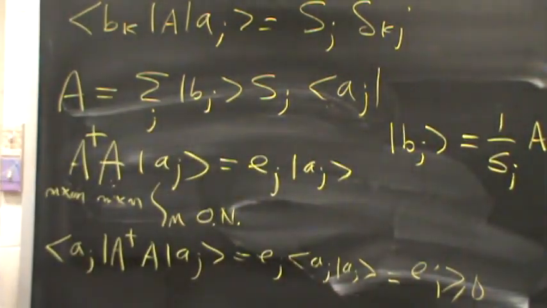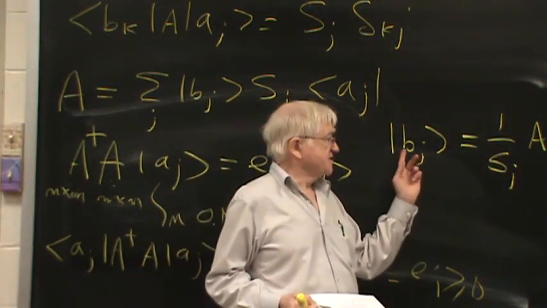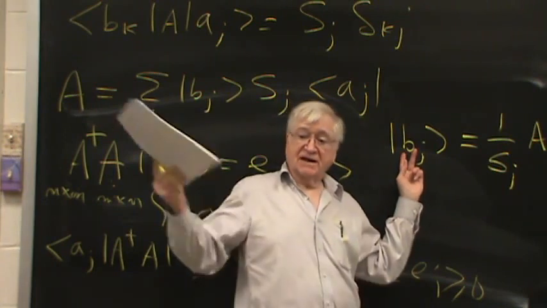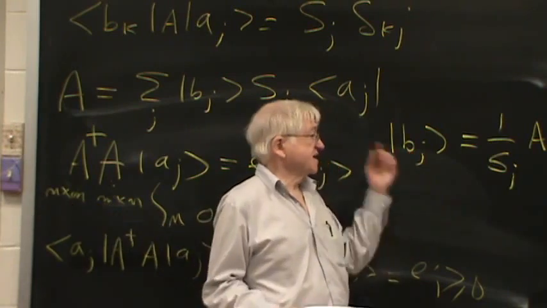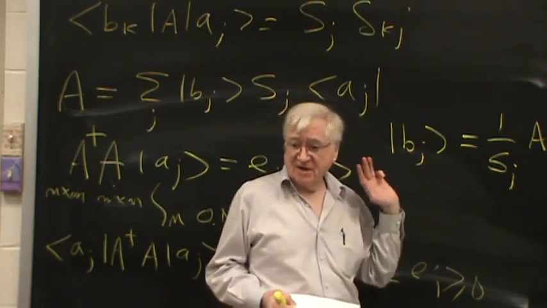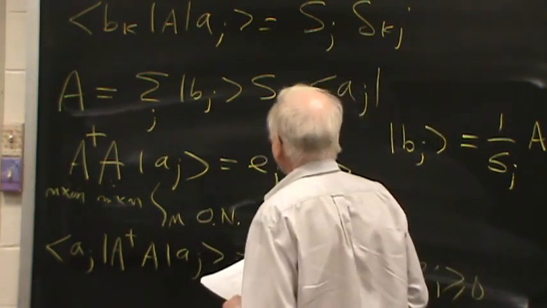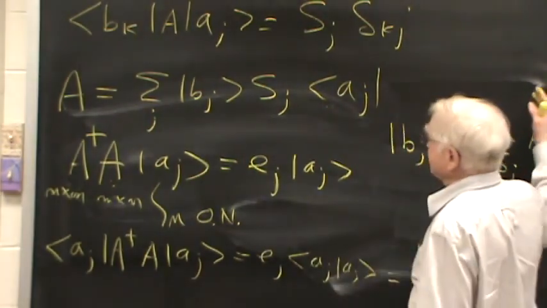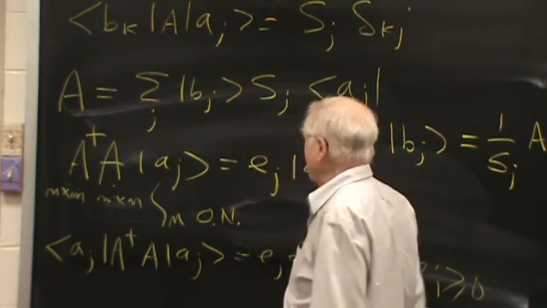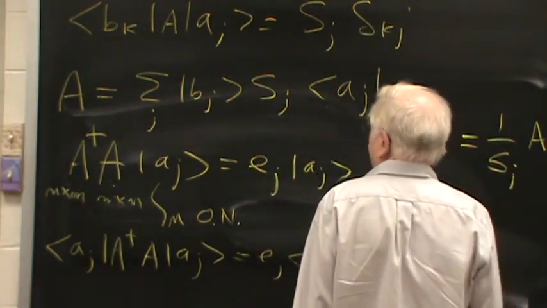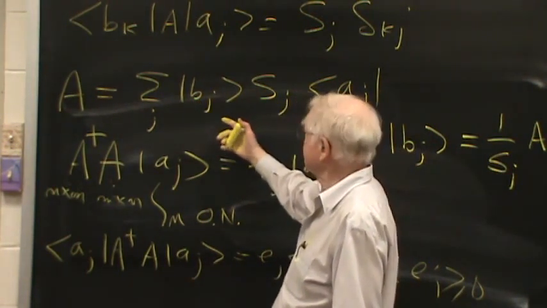Okay, so this is the formula that we use to define the kets in the space S sub m for the case in which sj is non-zero. Now, if sj is 0, well, what does that mean? That means that A maps aj into 0. So, in effect, we don't really care about this thing because in this decomposition, the singular value decomposition, we have a 0 here.